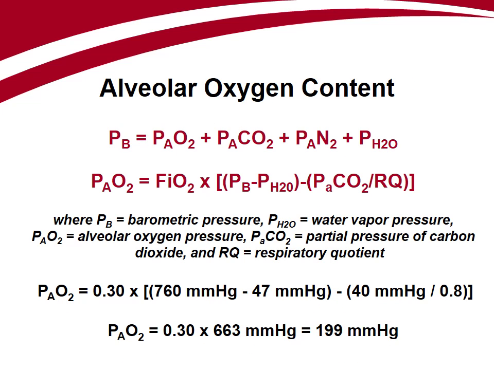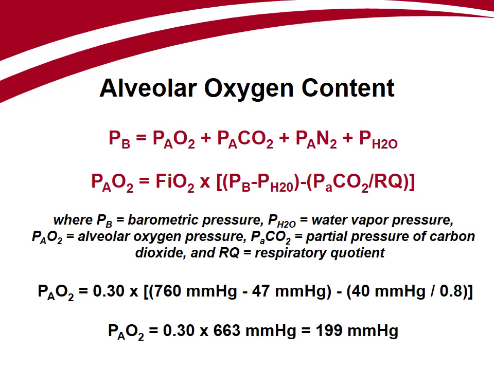The oxygen content of blood as it leaves the alveolus is a special case that requires a brief discussion. Assuming the patient is on supplemental oxygen, the alveolar oxygen saturation can be assumed to be 100%. We can then calculate the alveolar oxygen tension using the universal gas law, which states that the barometric pressure is the sum of the partial pressures of the gases present.